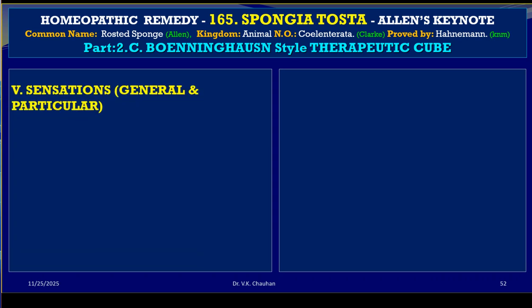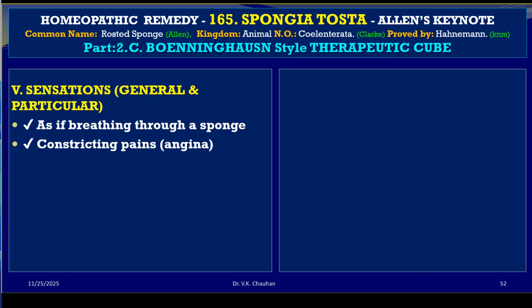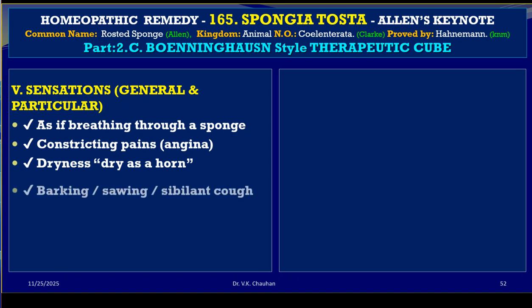Friends, let us go to sensation general particulars: as if breathing through a sponge, which is a very characteristic feature of Spongia tosta. Constricting pains for angina, classical feature of Spongia. Dryness, dry as horn, again classical feature of Spongia.